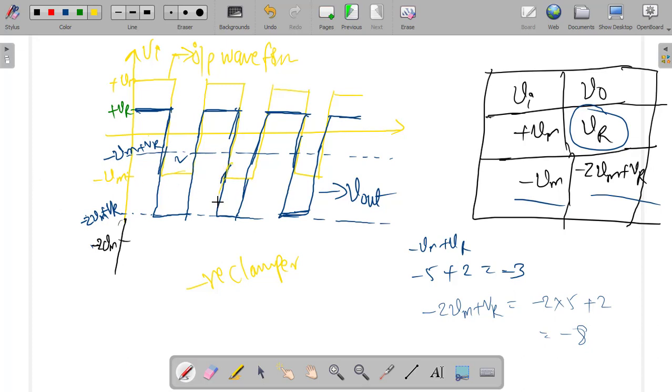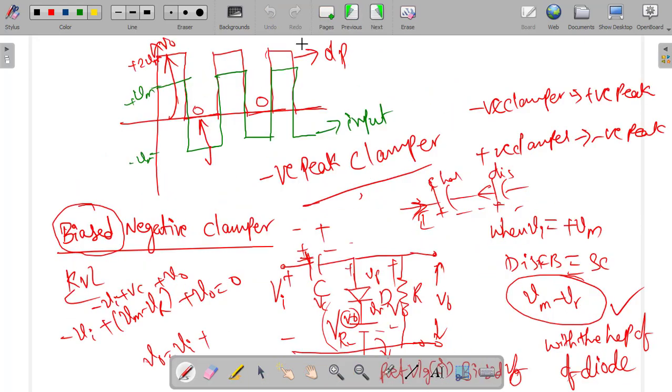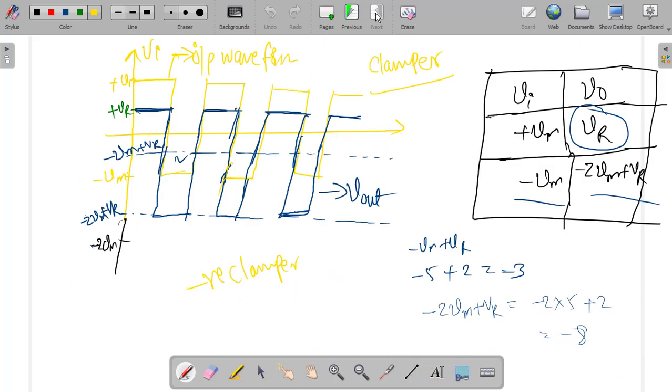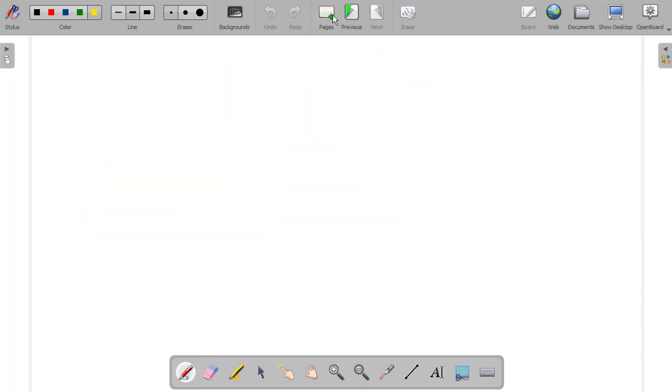If you put Vr equal to 0, you will get the same previous graph only. Here, whenever Vr is equal to 0, you will get the same as the negative clamper which we studied previously. Only Vr is becoming 0. That is the only difference.